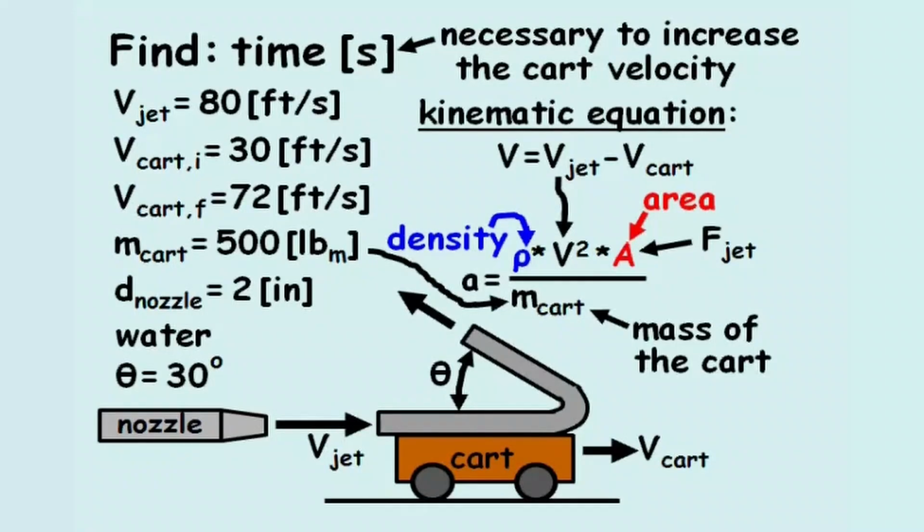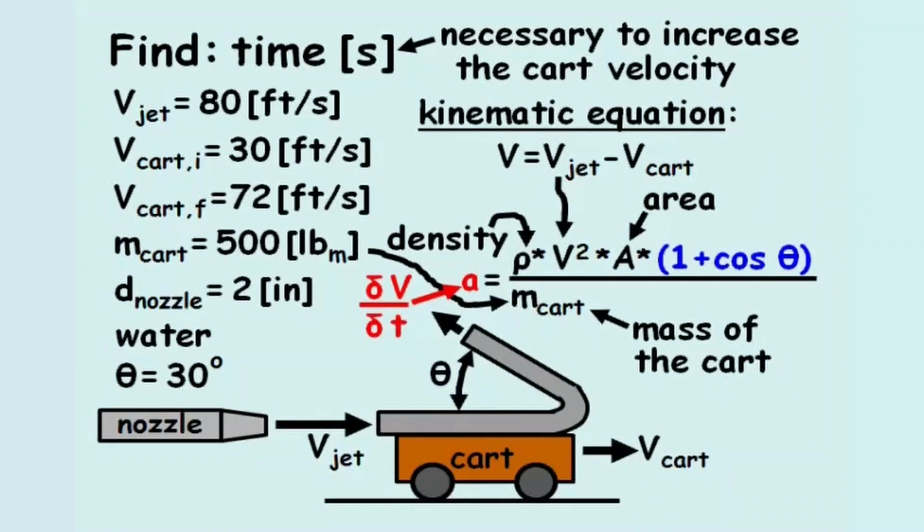Since the cart deflects the jet of water at an angle theta, we need to multiply this force term by 1 plus cosine theta to account for this additional force. The acceleration of the cart is rewritten as dv dt and substituted into the equation.